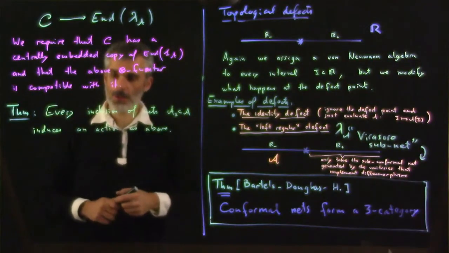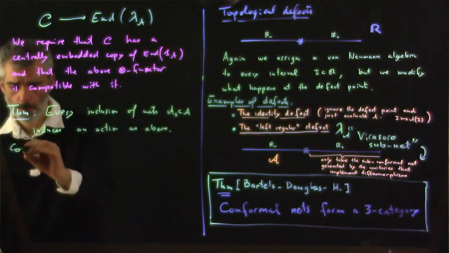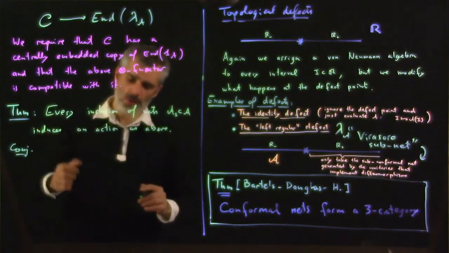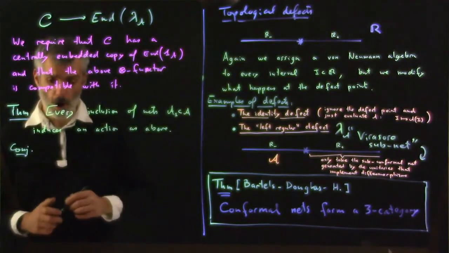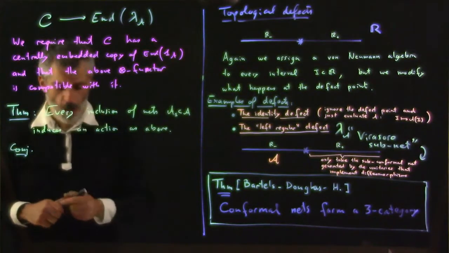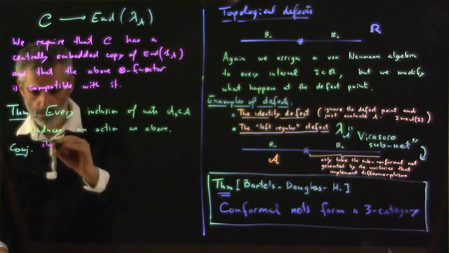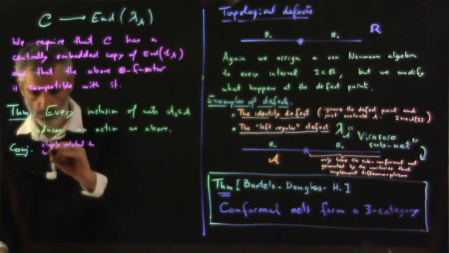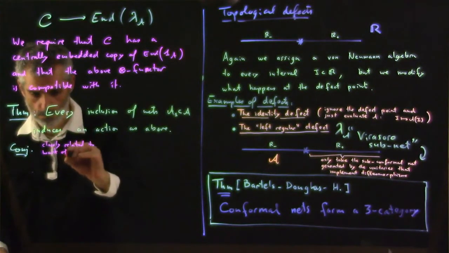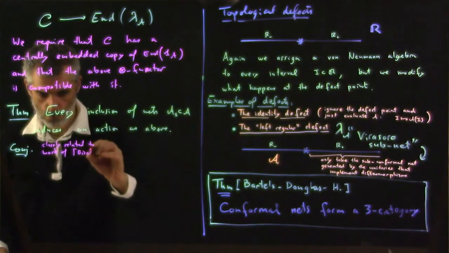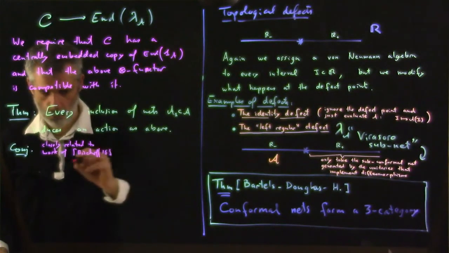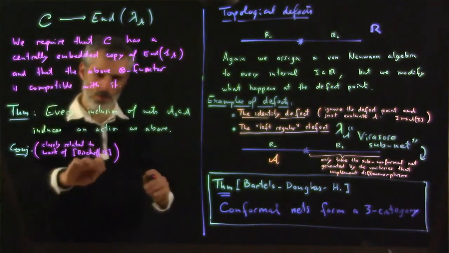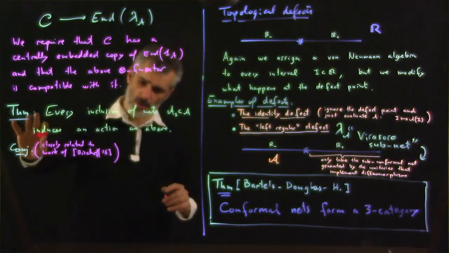And now I want to conjecture, and this is very closely related to work of Marcel Bischoff, but because I'm changing the formulation from the way that he's phrasing it, I'm going to write it as a conjecture.